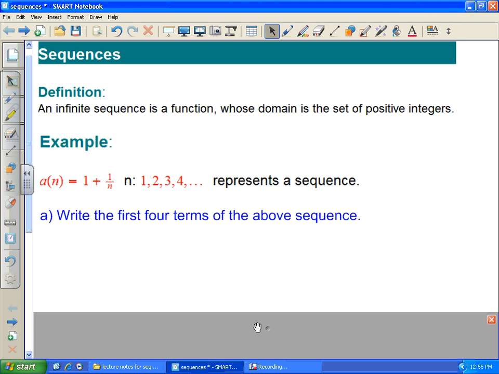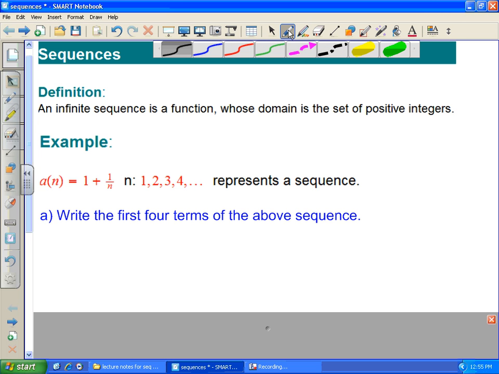First of all, write out the first 4 terms of the sequence. So let's start with a sub 1, or a of 1. Basically, we're just plugging in 1 for n, right? So the first term would be 1 plus 1 over 1.